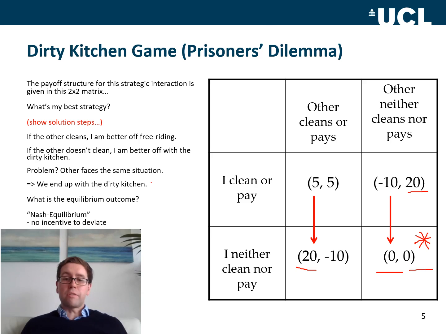And what does it mean? So it's an equilibrium outcome because no player has a unilateral incentive to deviate. So if we're not cleaning, neither of us is cleaning up, can I individually make myself better off? And the answer is no. So if we're in this situation, yeah, and we both don't clean up and we both don't get the benefit, I can change my choice from not cleaning to cleaning, yeah.